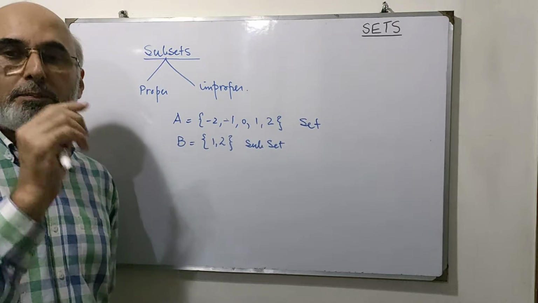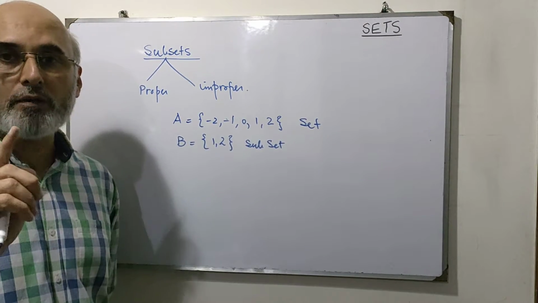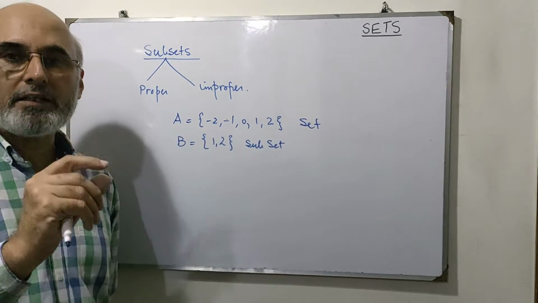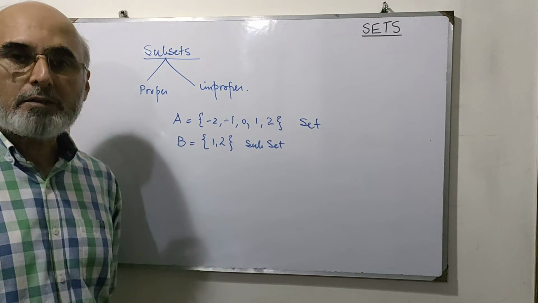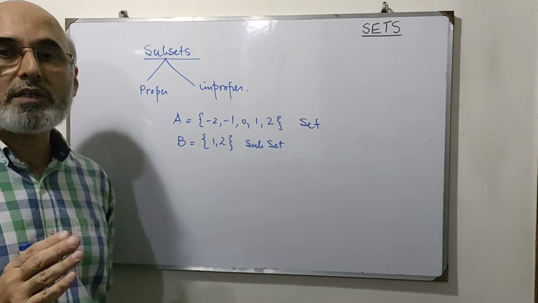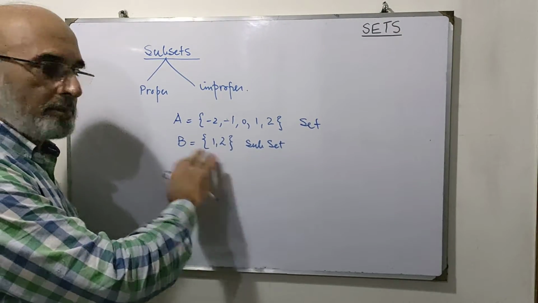So the subset contains some elements of the set, but not all. If the subset contains some elements but not all elements of the set, then it is known as a proper subset. So it's an example of a proper subset.